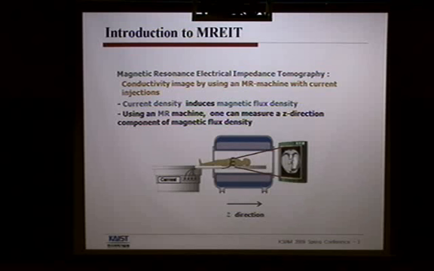This is the MR machine, the human being is inside this MR machine, and here is the electrode. We inject the current through this electrode, and this current density induces magnetic flux density, and then this MR machine measures the z direction component of the magnetic flux density, and it gives some images. We call these conductivity images.